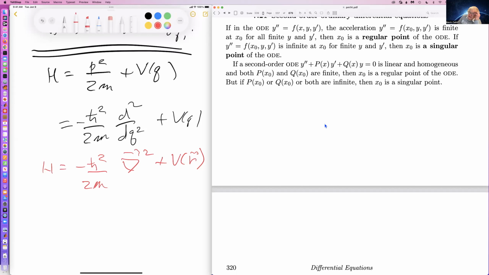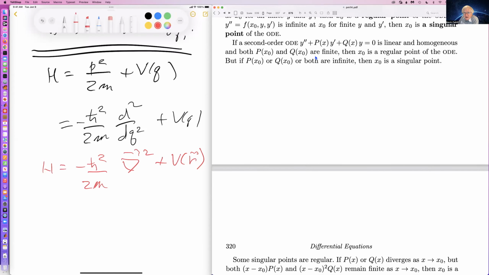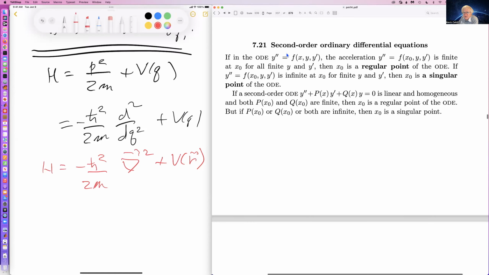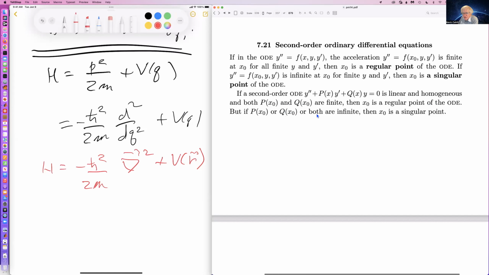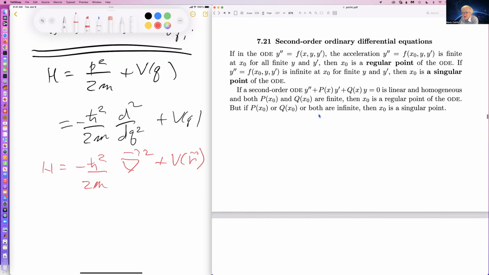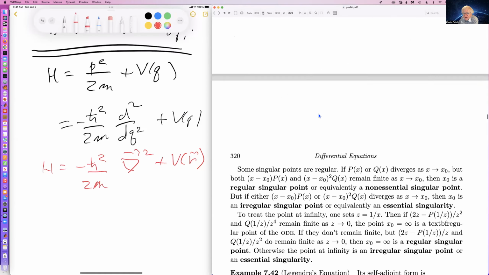And then if it's a singular point, you say, well, if P and Q are both finite, you have a regular point. If one or both is infinite, then it's a singular point.